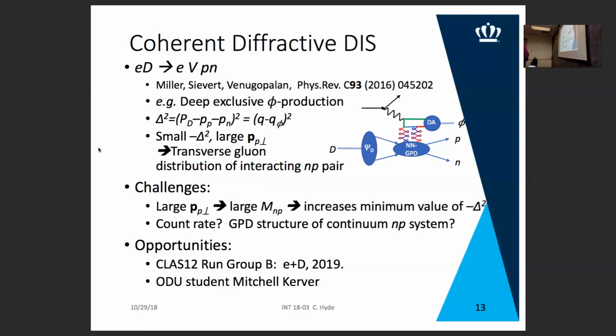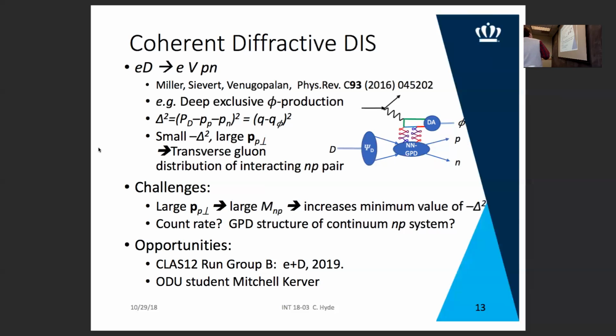The simplest case would be either a vector meson or a photon. And in fact, experimentally, the simplest case is probably either the phi or the J/psi, because you have a charged particle channel, I mean, in the rho as well.